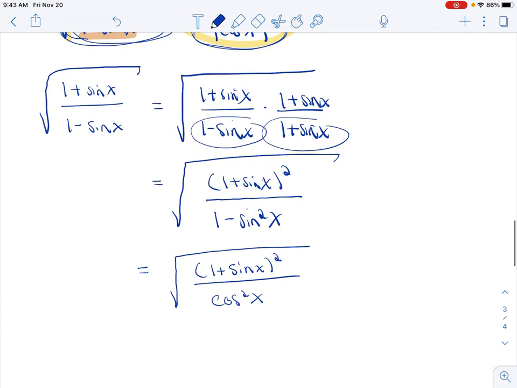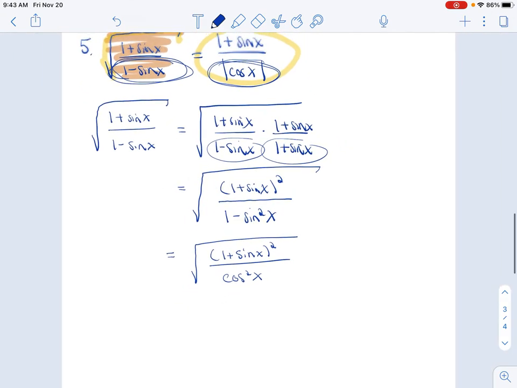Well, now that is really great news because now they're in perfect squares. So if you took the square root, it would just be 1 plus sine x over cosine x. Well, let me just do this real quick. Let me rewrite what we started with.